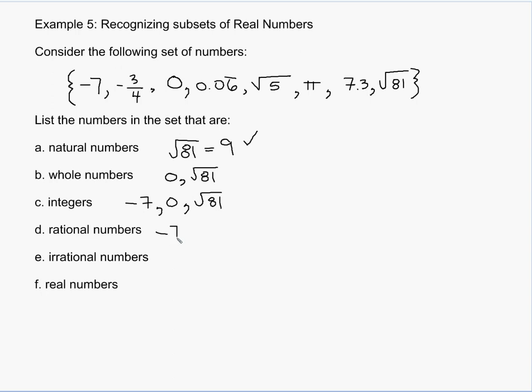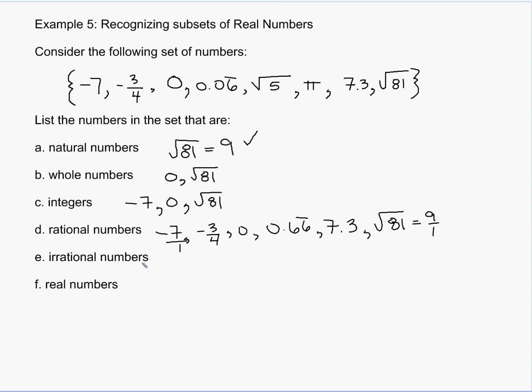So now I'm just going to add my fractions and my decimals to my integers. 0.06 repeating is a rational because it's repeating. 7.3 because it's a terminating decimal, and again square root of 81 because it's equal to 9, which is the same as saying 9/1. -7 is a rational number because that's the same as saying -7/1, so again a ratio of two integers.